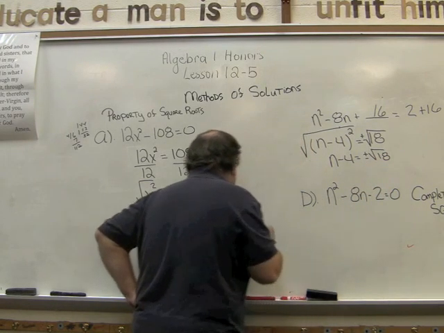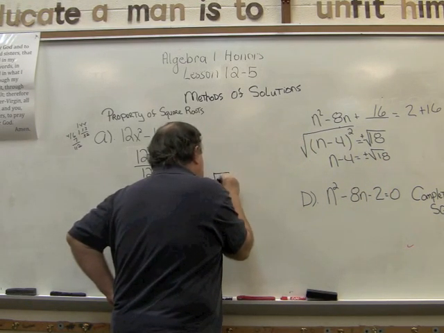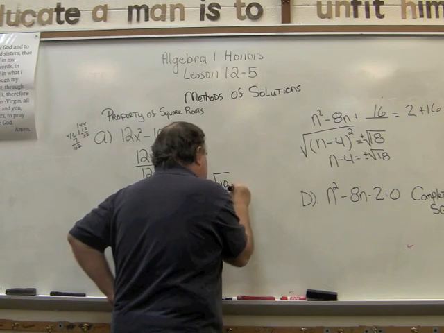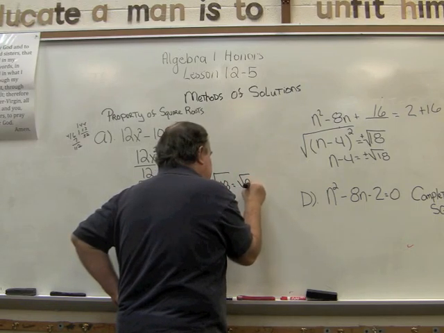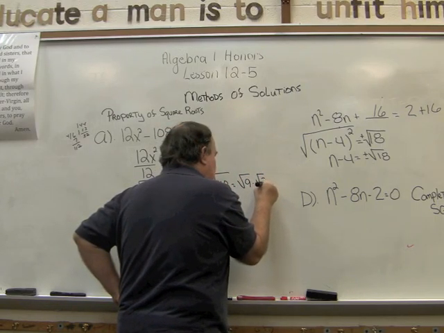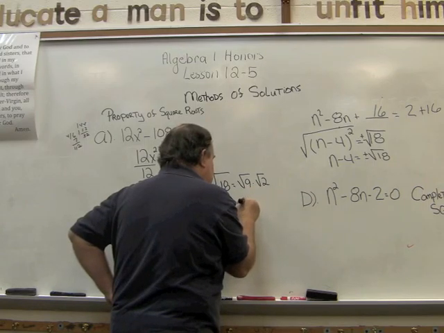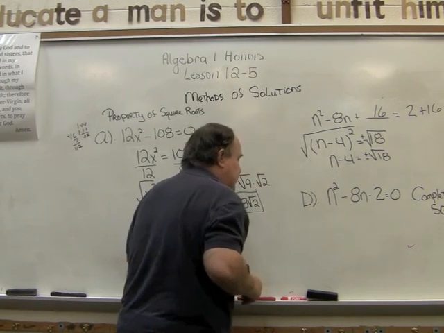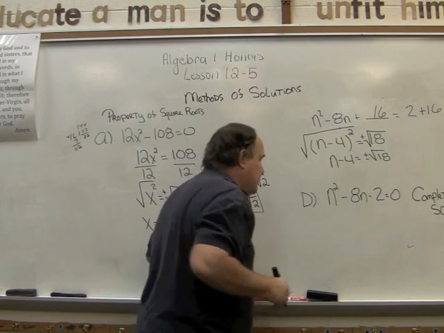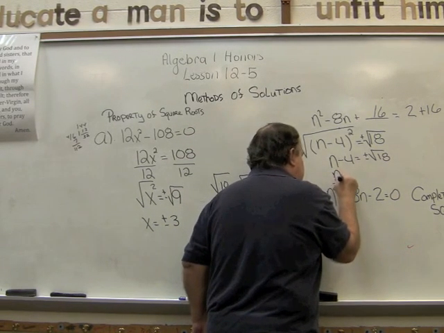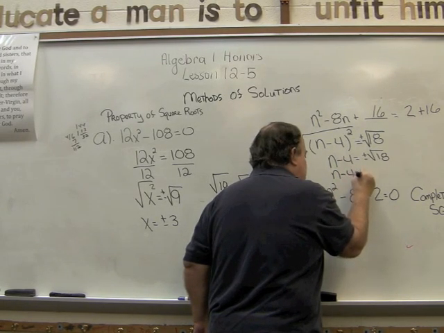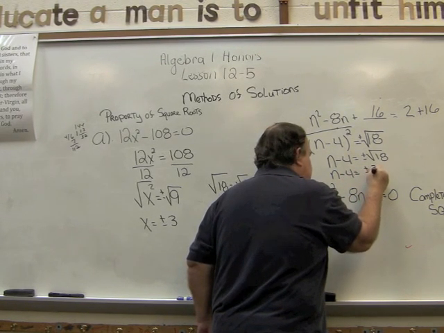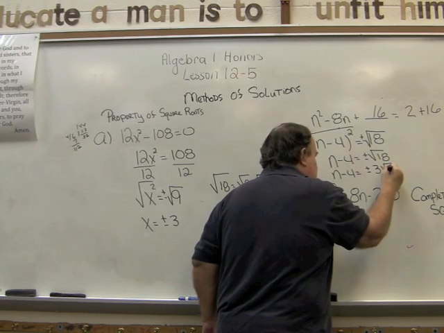Now the square root of 18 has a different name. The square root of 18 can also be written as the square root of 9 times the square root of 2, or 3 times the square root of 2. So I'm going to use its simplified name, 3 times the square root of 2. Okay, so we're going to rewrite it as n minus 4 equals plus or minus 3 times the square root of 2.